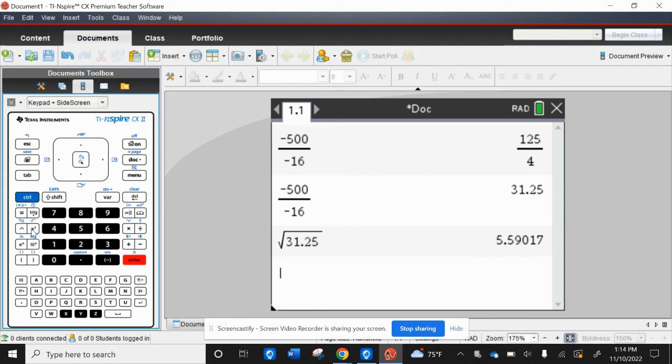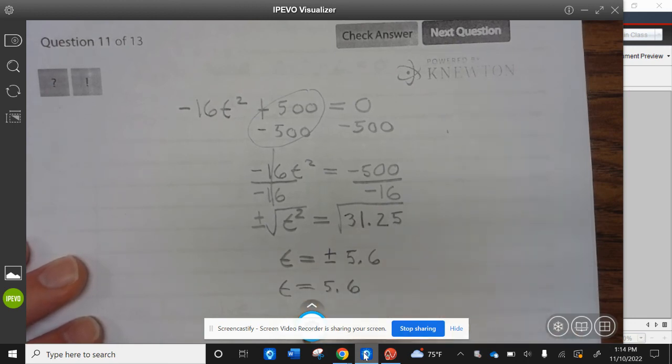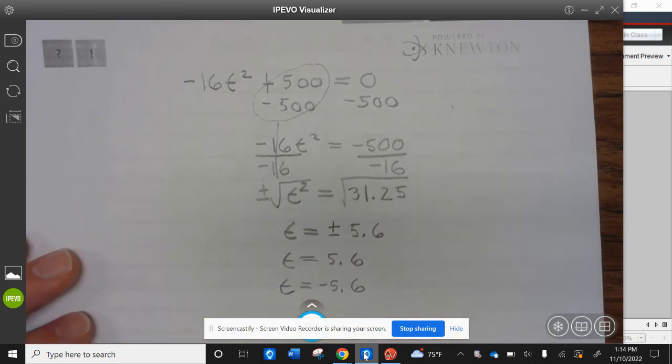Now we're going to round to the nearest tenth. That's one decimal place. So 5.6. So t equals 5.6 seconds, and t equals negative 5.6 seconds.